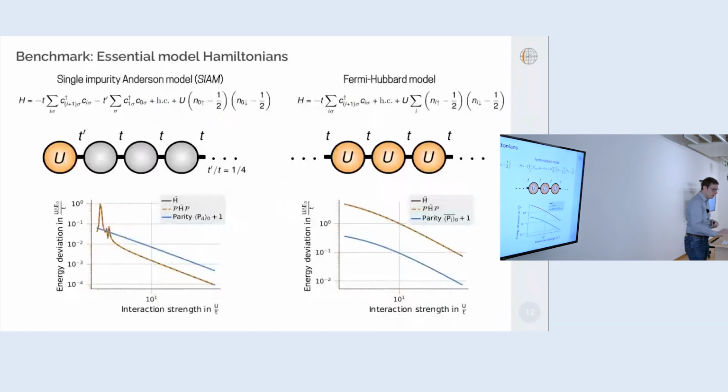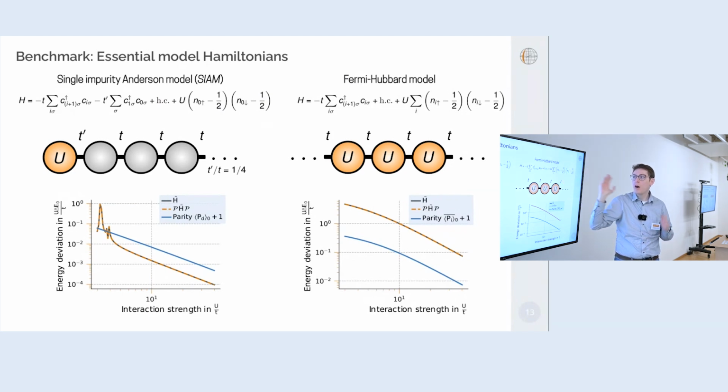Of course, this again is some code and it does stuff automatically, but we want to check whether it agrees with the cases where you can do the Schrieffer-Wolff transformation analytically. So here we have the two classic examples where the Schrieffer-Wolff transformation has been done ever since the 50s and 60s. The single impurity Anderson model, the original example.